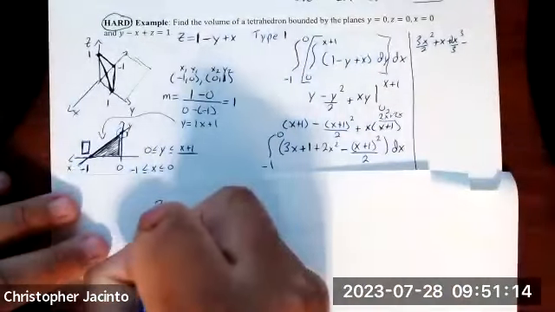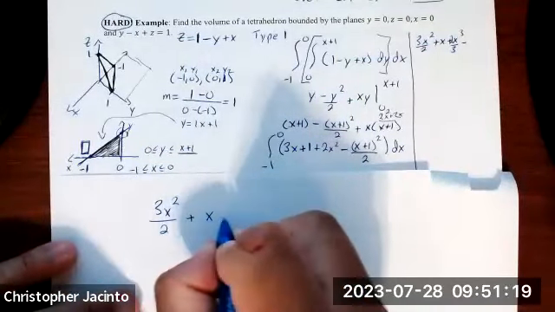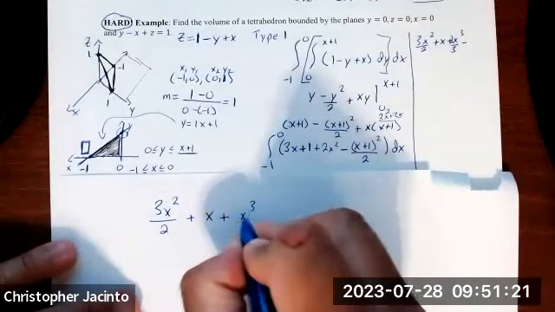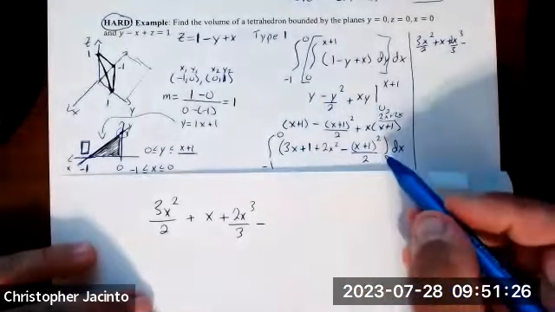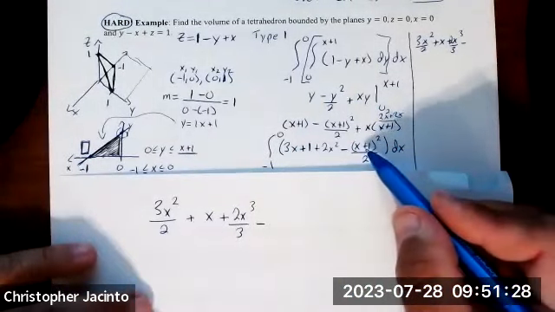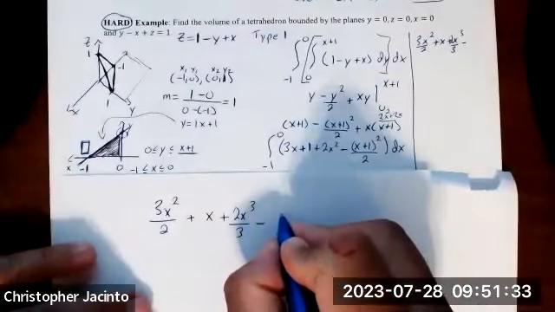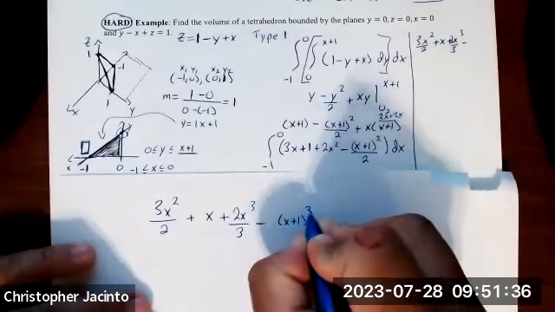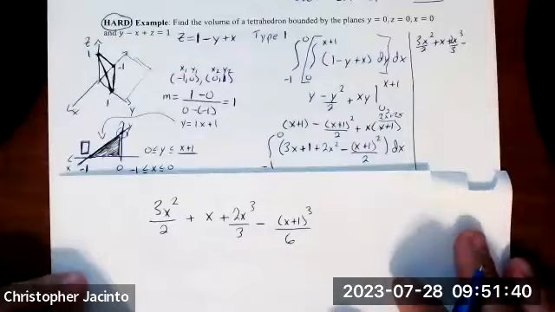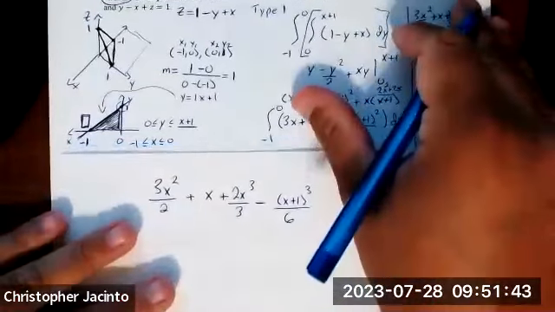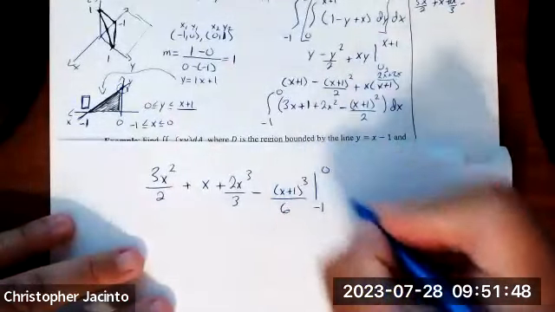So it's going to be 3x squared over 2 plus x to the third over 3 minus, this is technically u substitution, but with u substitution the derivative just gives you 1, so it's just itself. So this is going to be over 2 times 3, which gives you 6. If you guys are wondering, that's a shortcut of the u substitution rule. And we evaluate this at -1 and 0.